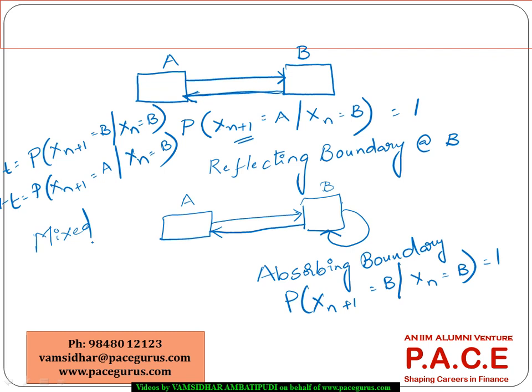Then the most important piece in these Markovian chains is the stationary distribution, checking whether this Markovian chain is stationary or not. As we said, for a Markovian chain, the input that I require is the initial state as well as the transition probability.